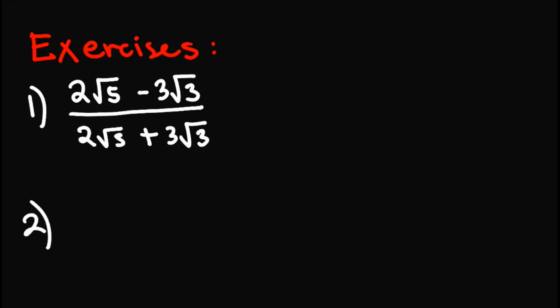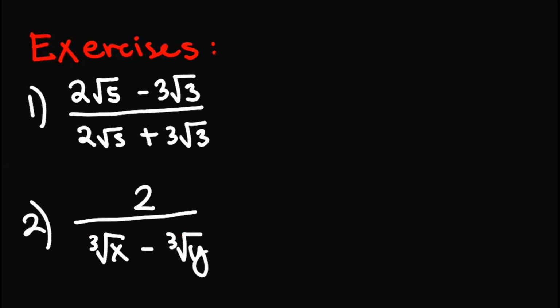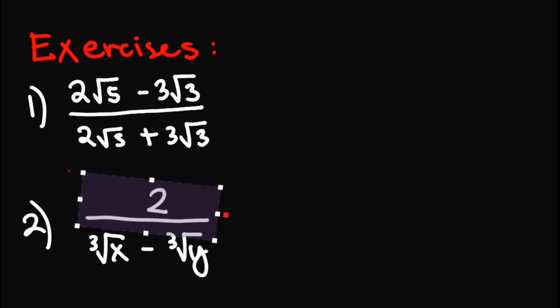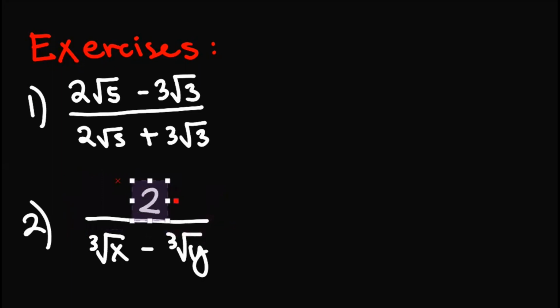For the next one, we have 2 over the cube root of x minus the cube root of y. So you can work on these two exercises to improve your skills in rationalizing the denominator.